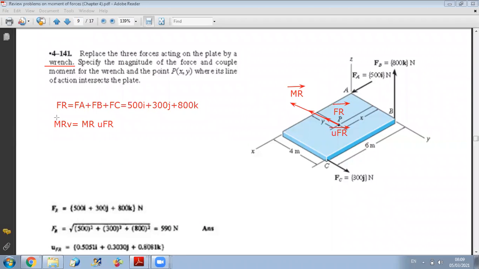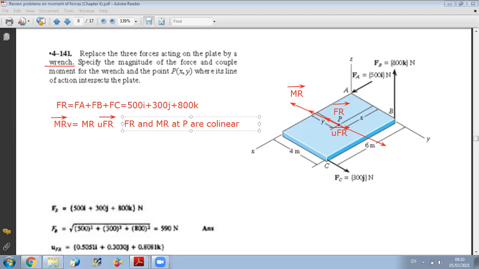I can say that this vector is equal to the magnitude of the resulting moment, or let's say the algebraic value, because if they are same sense, MR will be positive. If they are opposite sense, so you can have MR like this, same line of action but opposite, then MR will be negative, okay, times the unit vector of Fr. Okay, so this equation will ensure that F resultant and M resultant at P, of course, because we are reducing at point P, are collinear.